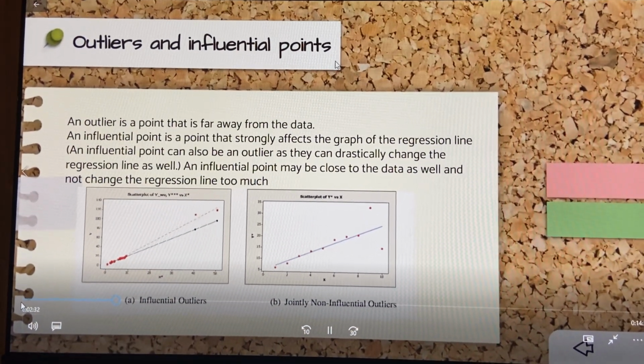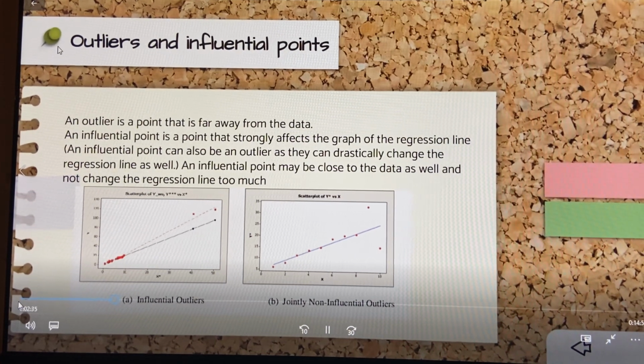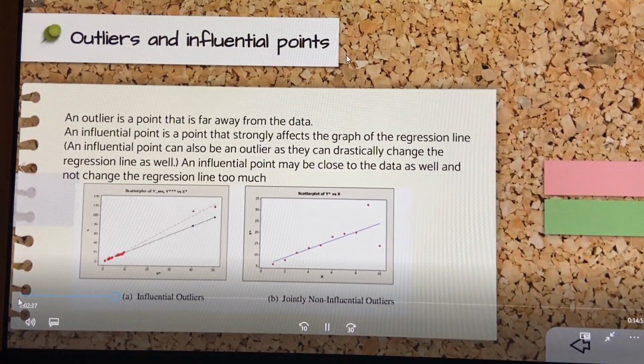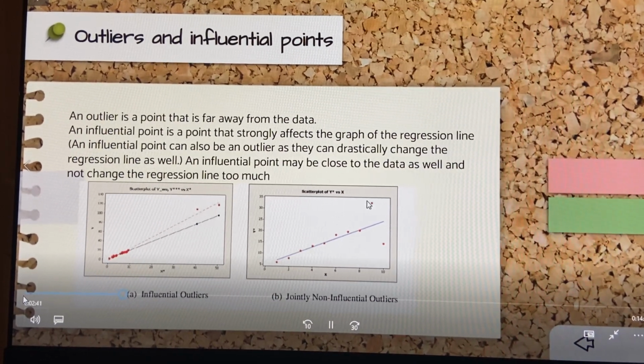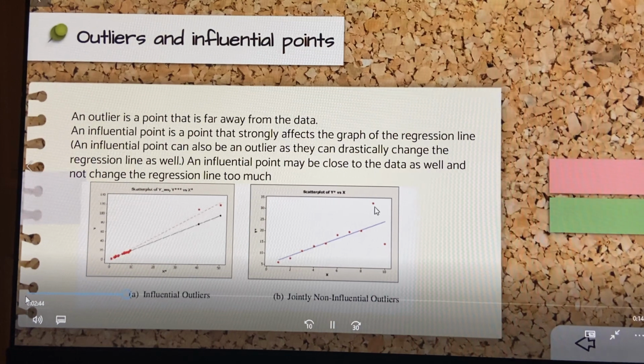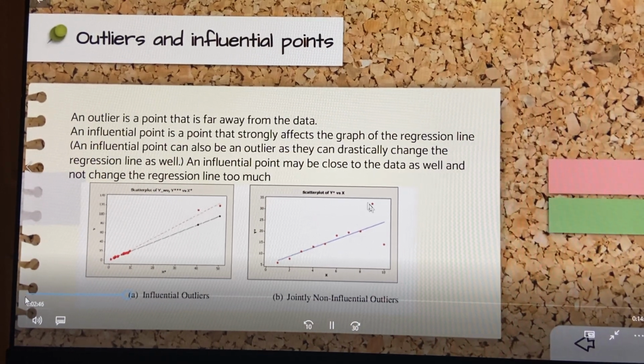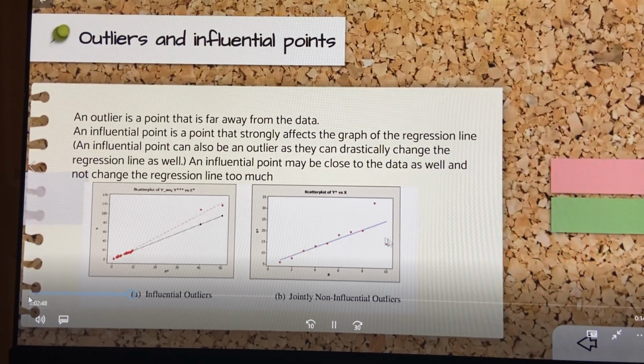So it's talking about outliers. We are going to go over outliers and influential points. An outlier is a point that is far away from the data. So here's an example of an outlier. Outliers can be influential or non-influential.